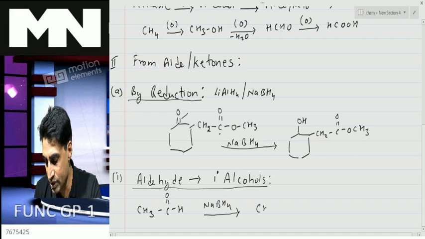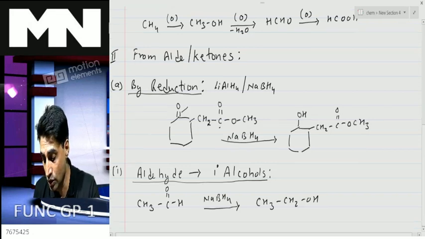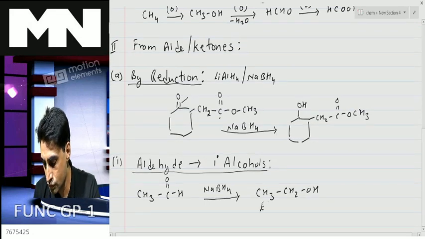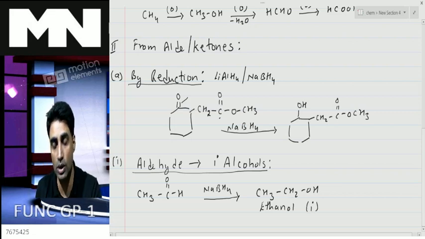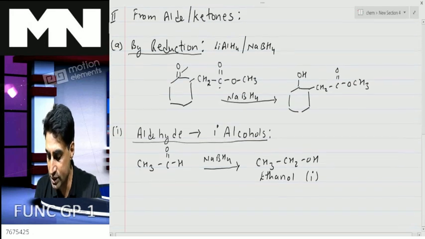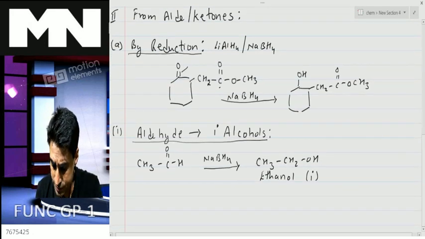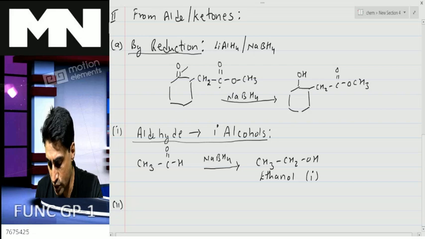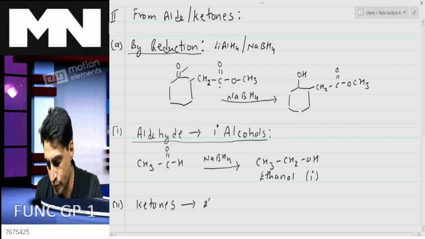I will get a compound CH3CH2OH, that is ethanol, which is a primary alcohol, 1 degree alcohol. Likewise, reduction of ketones. Ketones on reduction will give me 2 degree alcohols.